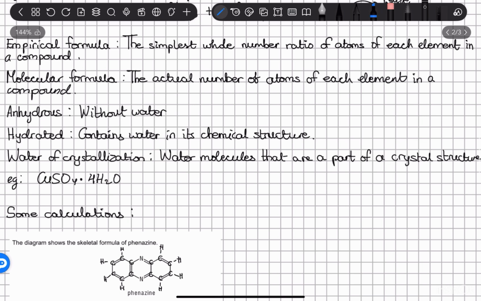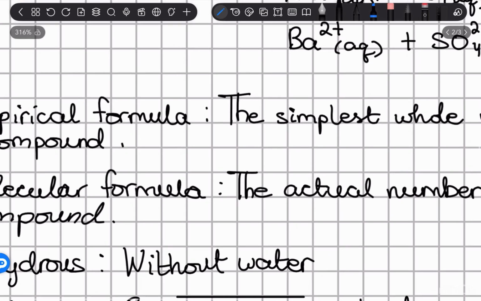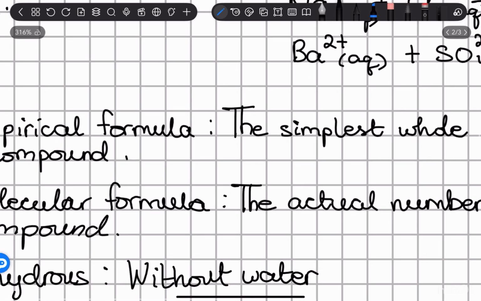So we have empirical formula, the simplest whole number ratio of atoms of each element in a compound. For example, we have hydrogen peroxide, which is H2O2. Its empirical formula is the simplest whole ratio.